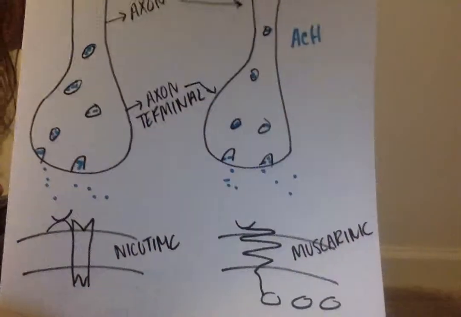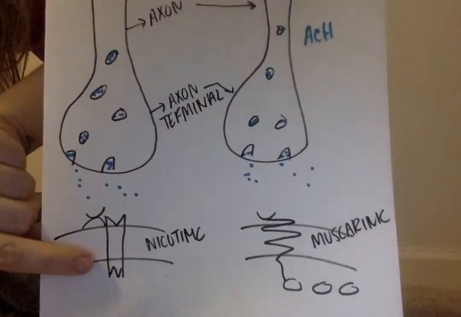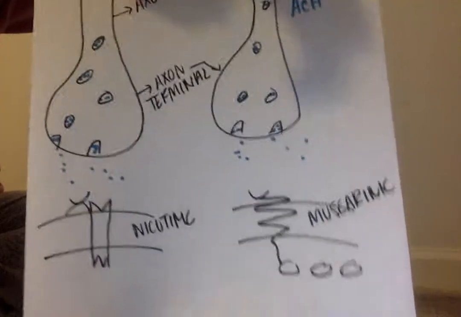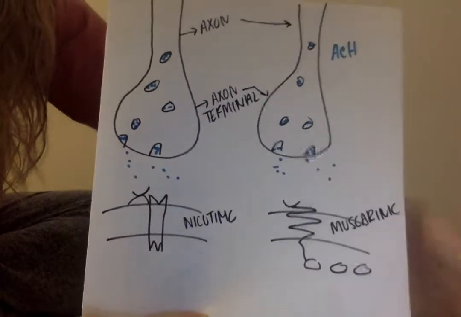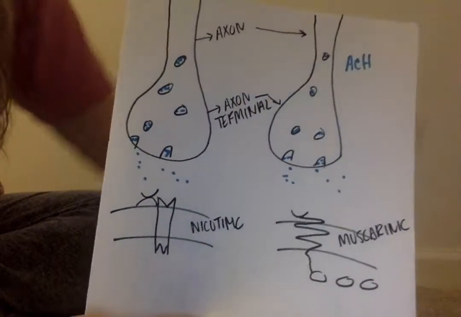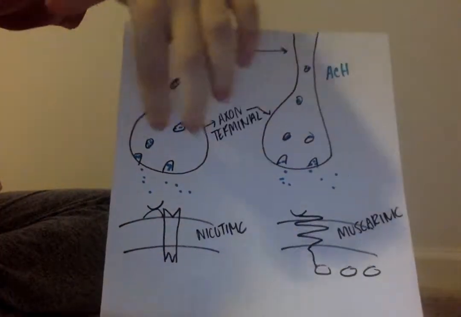Now, there are some differences among these receptors. These are my two neuromuscular junctions. This is my nicotinic receptor with my axon terminal, and this is my muscarinic receptor with my axon terminal. You have vesicles in each axon terminal.